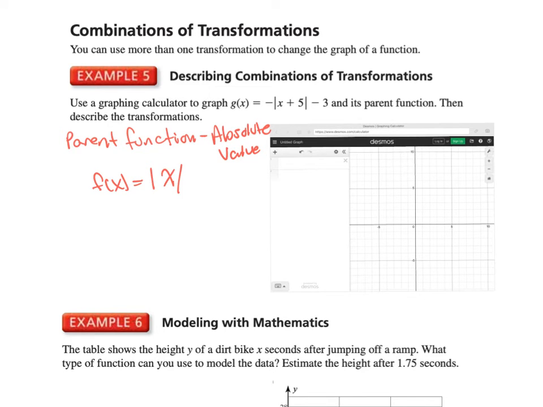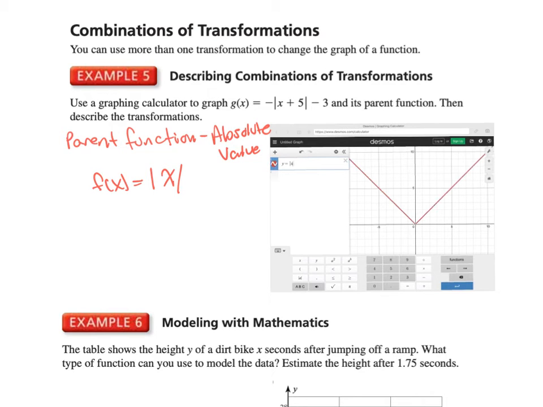We need both of them so we can look at both before and afterwards. So let's graph our parent function first. In the first box, we're going to graph y equals the absolute value. Notice your absolute values down there on the left-hand side. We're going to type in x and finish it off with another absolute value. So that is our parent function.